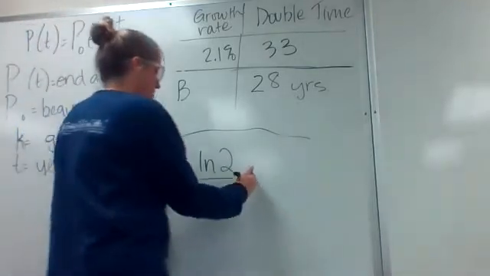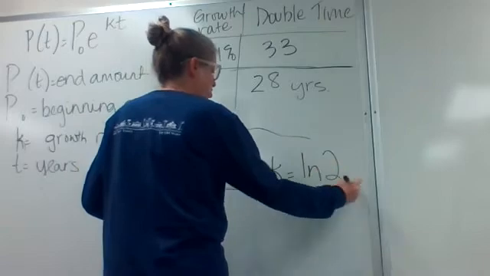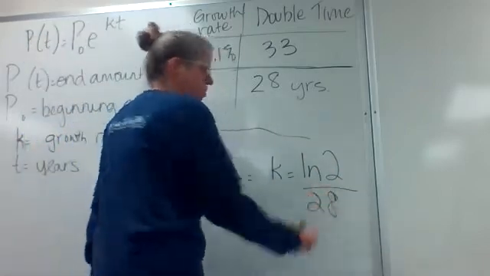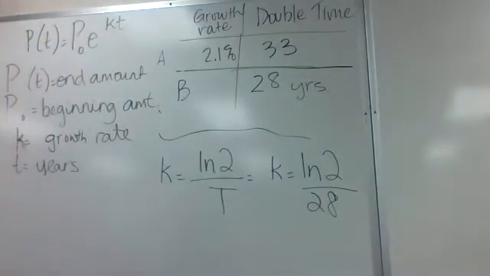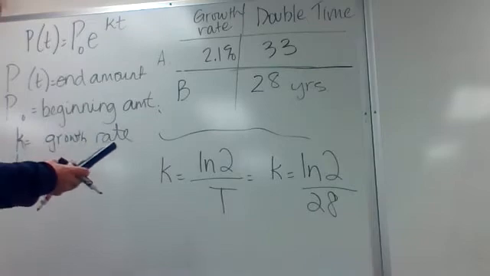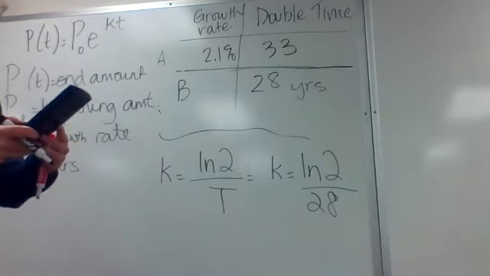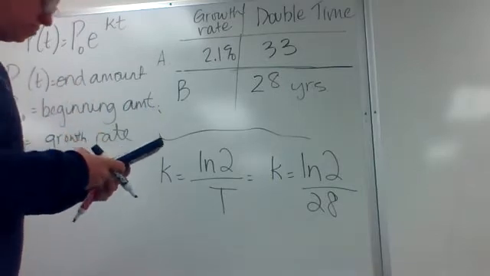So let's see, if I'm finding the growth rate, it's going to be ln of 2 over, how long is it taking it to double? 28 years. And then we're going to round this to the nearest 10th. So let's see, ln of 2, close it. Divide that by 28.